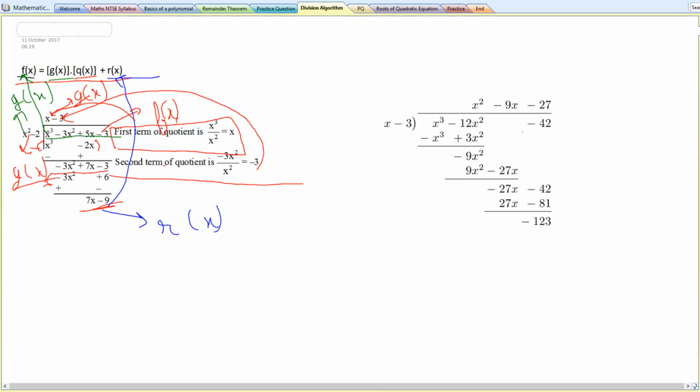Similarly, if we see another example, x minus 3 is my gx. This term right here, this is my fx.